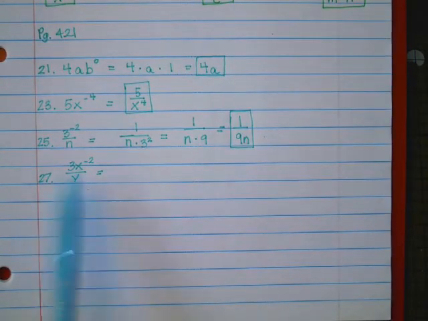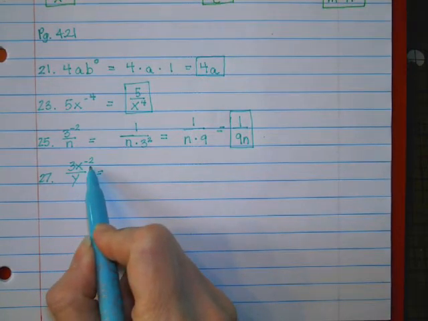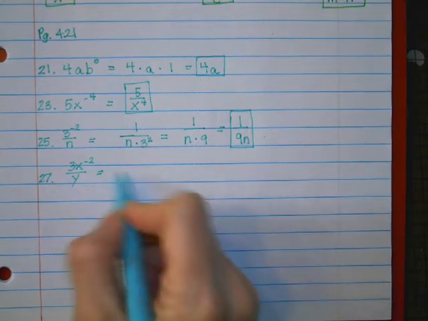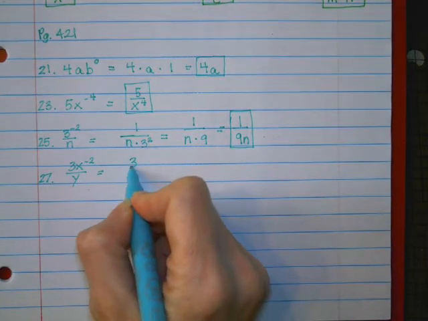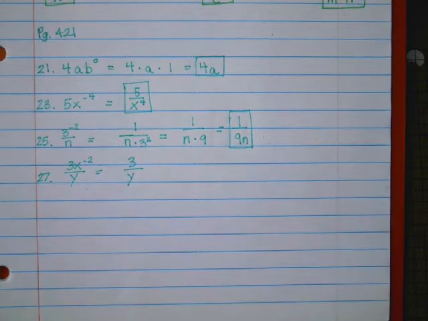So of what we see, how many things have a negative exponent? That's right. We only have one thing with a negative exponent. So Isaiah, what is that one thing? Correct. It's the x. The x has a negative exponent of negative 2. So what we're going to do is keep our 3, which has a positive exponent, right where it's at. We're going to keep our y right where it's at.